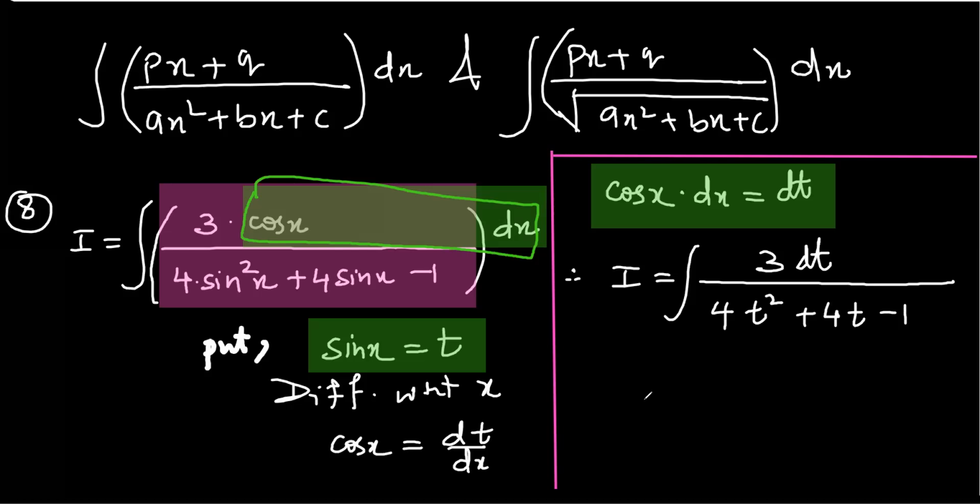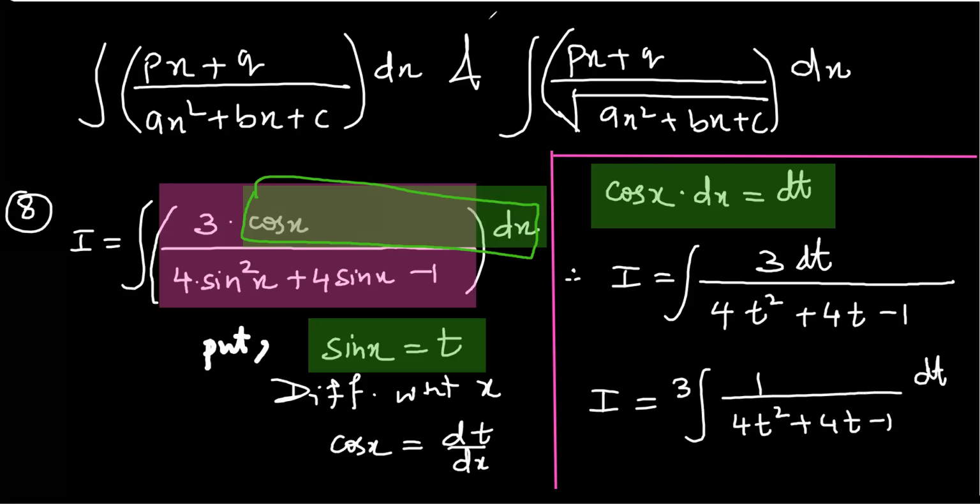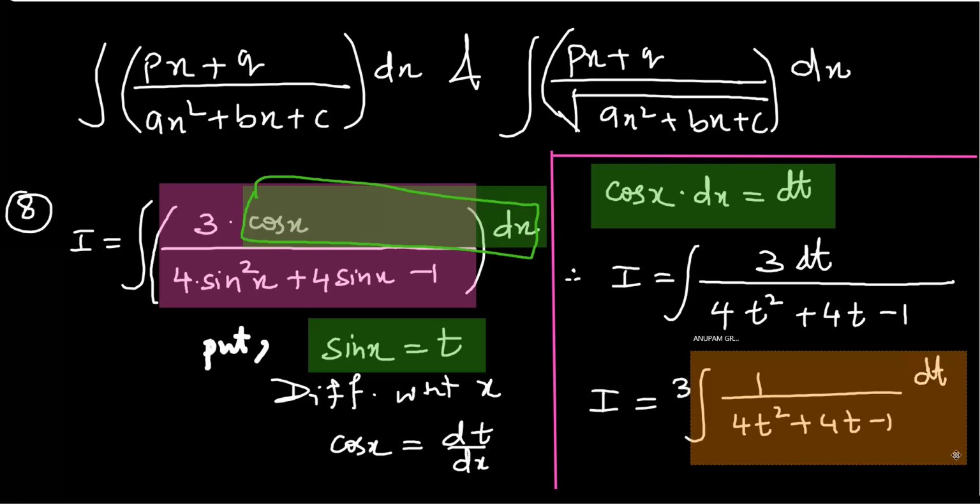This 3 I write out, so it is 1 dt, and here you have 4t square plus 4t minus 1. And you know, students, after this what type it is. It is 1 upon quadratic. The only difference is you have here quadratic in t.